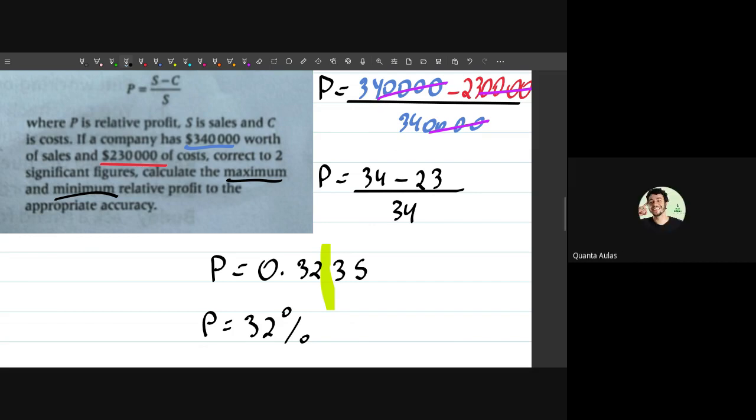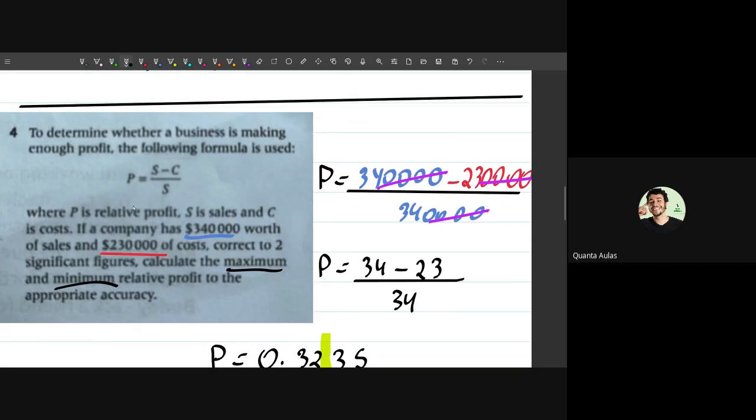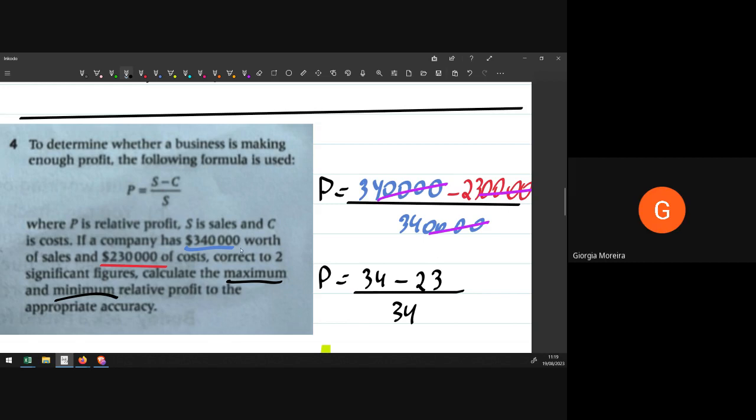Okay, upper and lower bound, but why? I don't know. Maximum and minimum relative profit is only 32. I have problems with this, but I will ask ChatGPT because I am curious about this. Just a second.